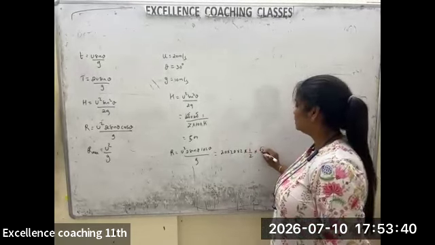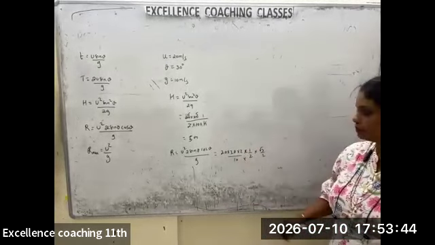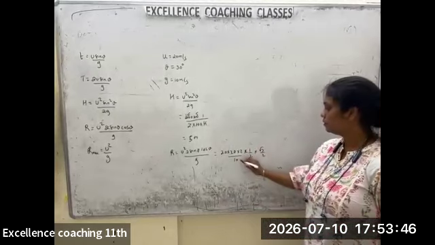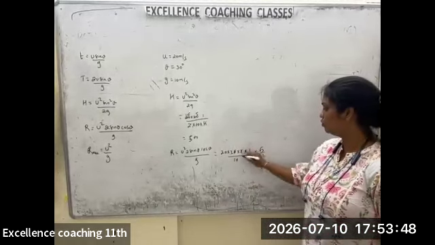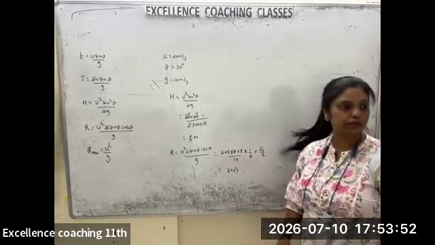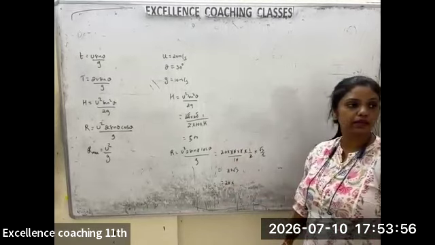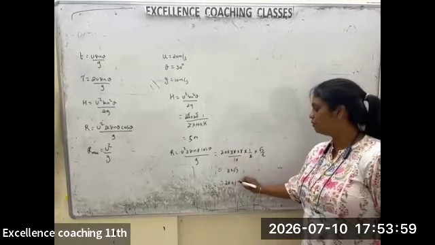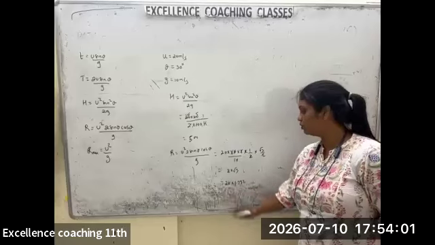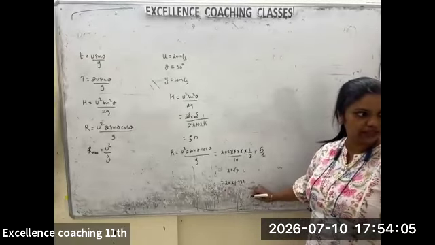Cos 30 is √3/2 and the denominator is 10. So this 2 got cancelled out. So this will be 20 √3. What is the value of √3? Multiply by 1.732 and see what you get. Do not leave √3 as it is; you need a value in meters.